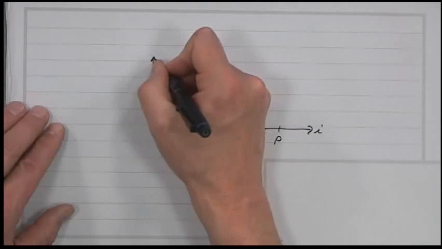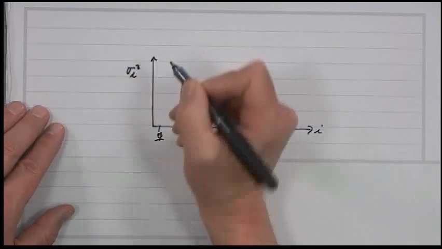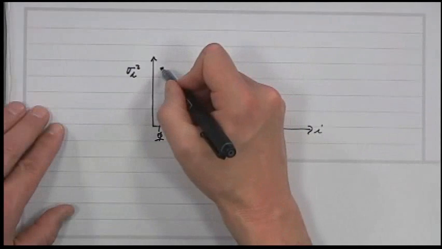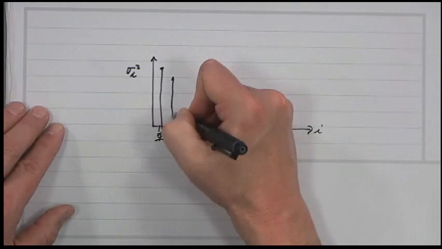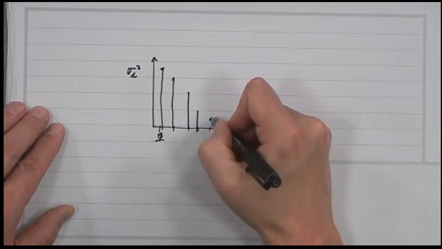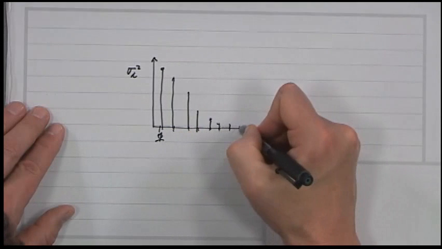This axis here is going to be sigma i squared, the value of the variance. So the variance is going to start off large. I just ordered them; there's some ordering.